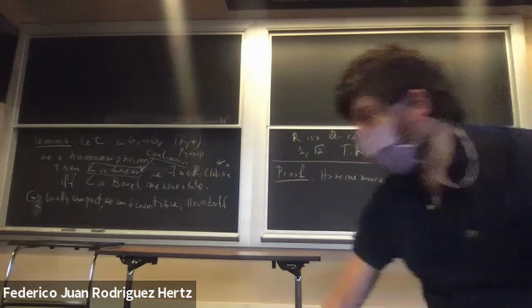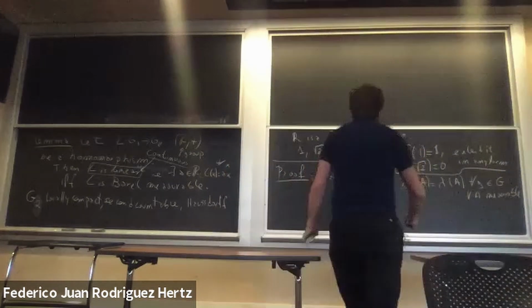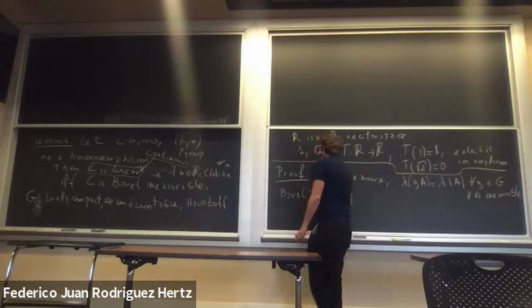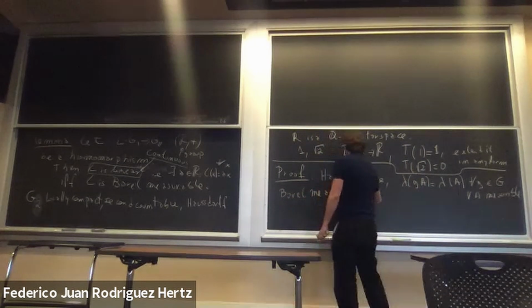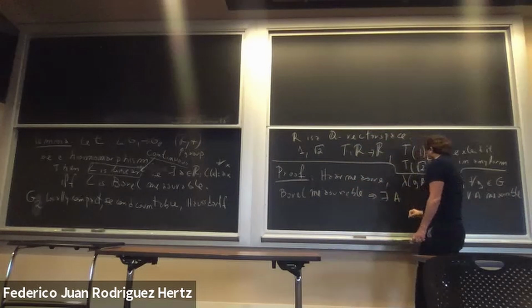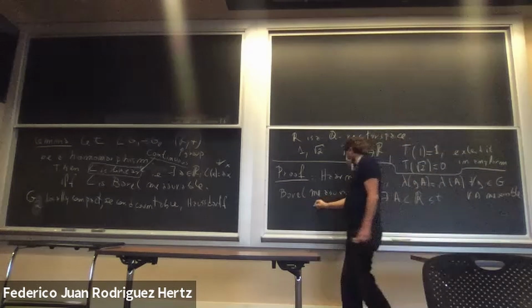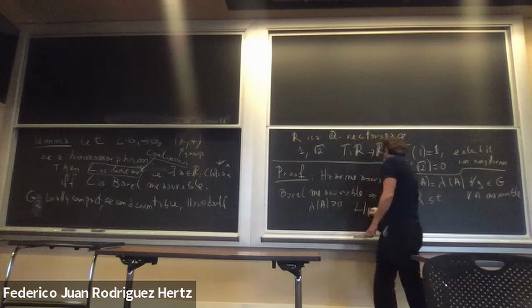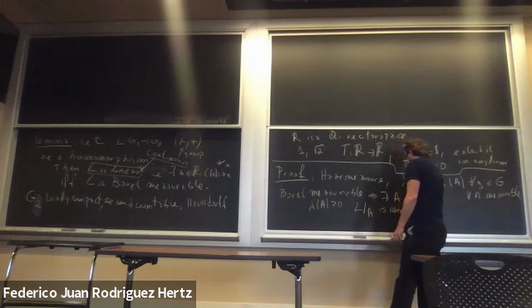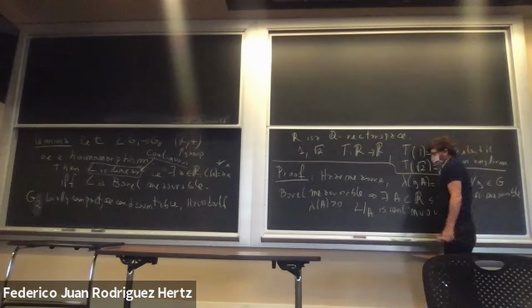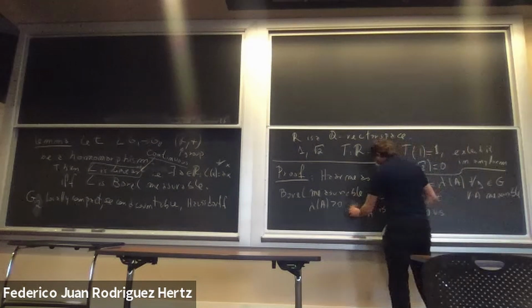So you have to get something where to start. So the first step: for L measurable, there exists a set A such that lambda of A is positive and L restricted to A is continuous.